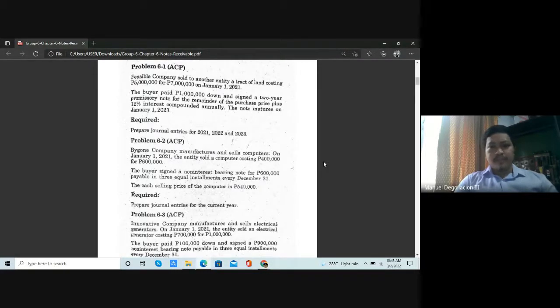So your claim against your customers is stronger under a notes receivable compared to an accounts receivable. A notes receivable is a form of receivable that is evidenced by a commercial document, which normally would be negotiable in nature and which usually comes in the form of a promissory note.